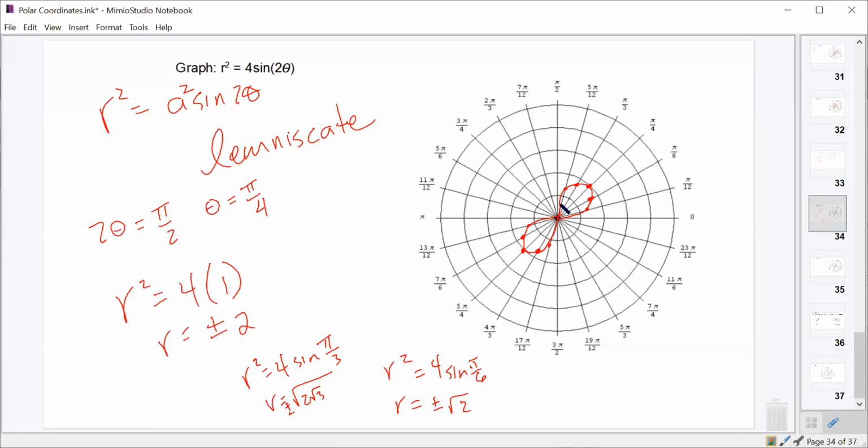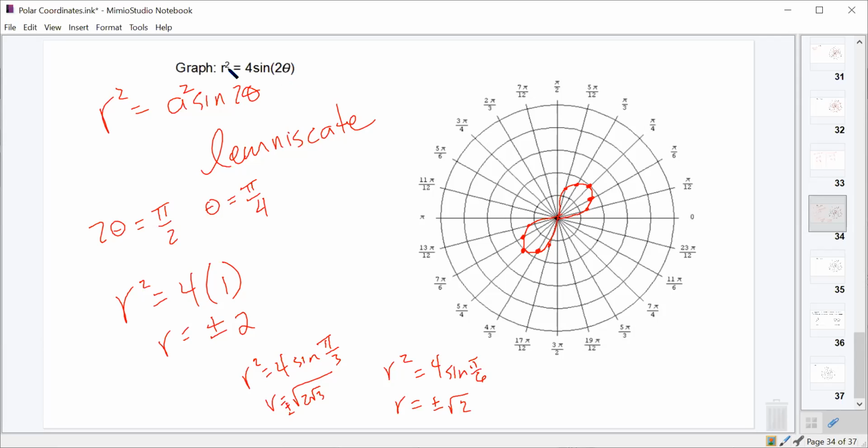The reason that nothing ends up showing up in quadrants 2 and 4 is if we were to plug in, let's say, 3 pi over 4. When we double 3 pi over 4, that's going to give us 3 pi over 2, right? And what's the sine of 3 pi over 2? -1.